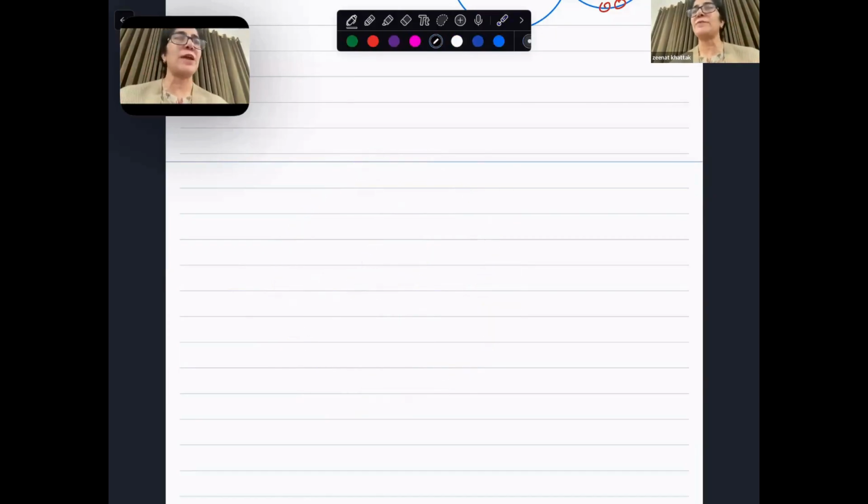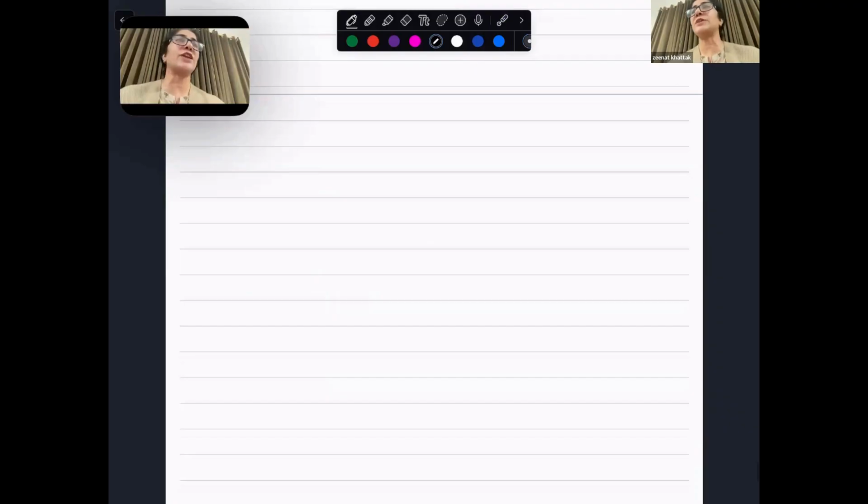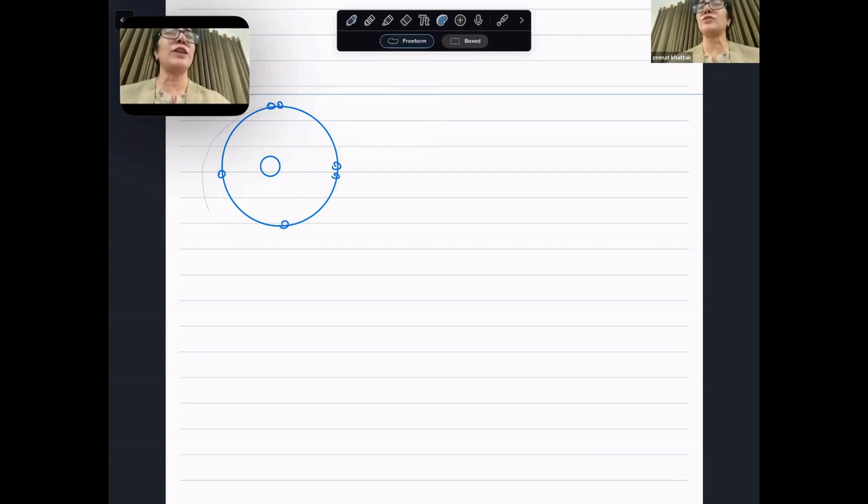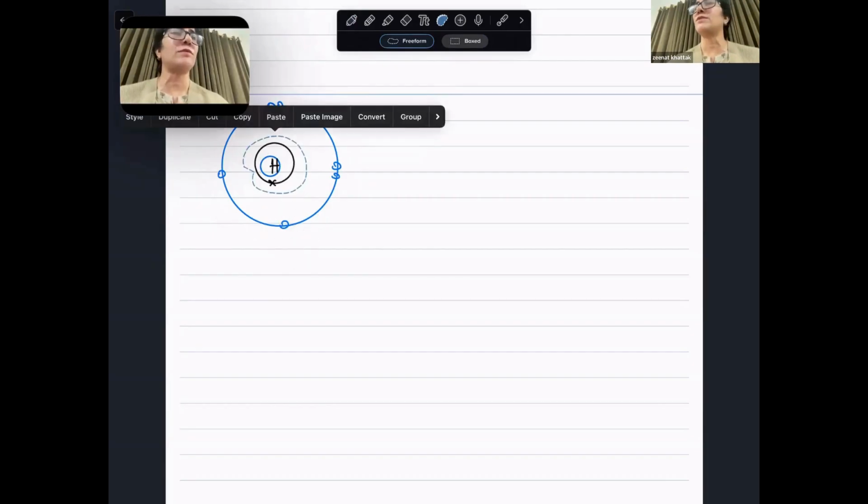Now, look, I'm telling you one thing. We are starting with oxygen. This is oxygen, group 6, with 1, 2, 3, 4, 5, 6 electrons.